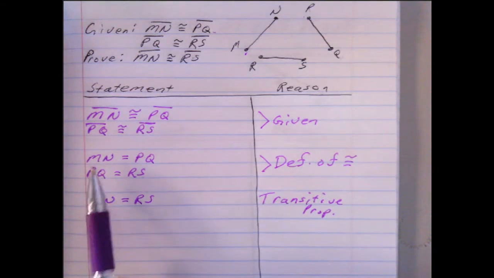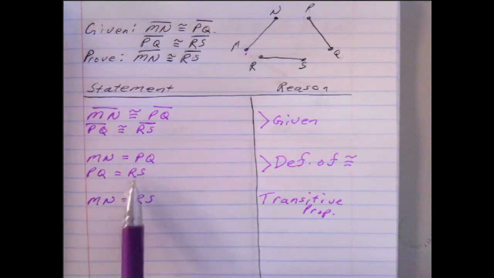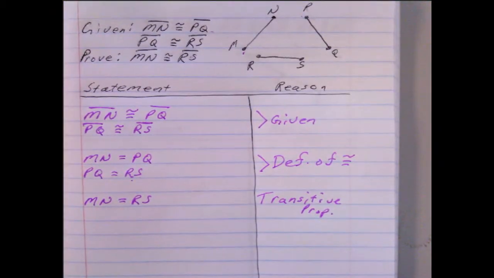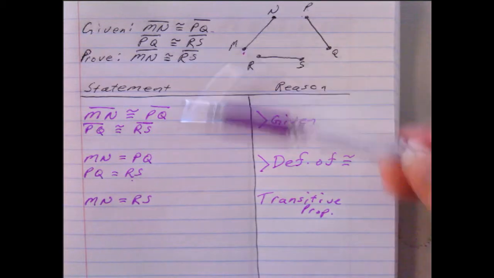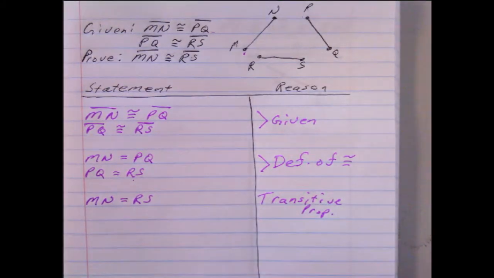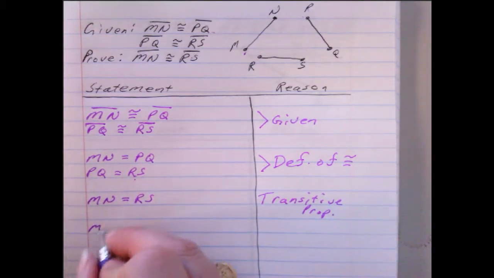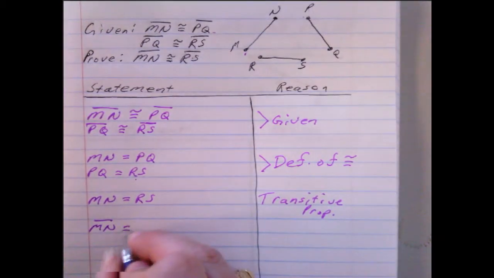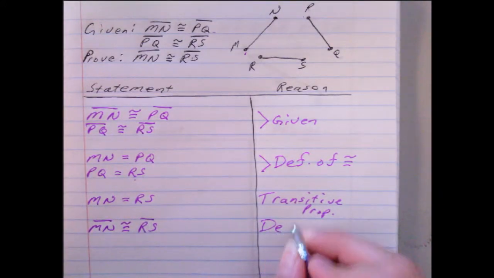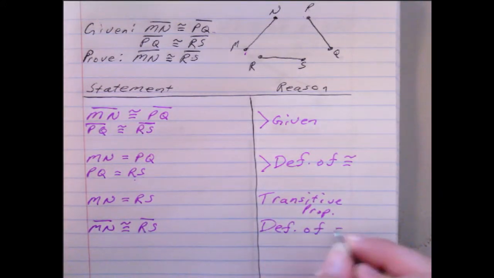Okay, so we took this piece, and then we put the two together. So then the last part here is our proof says congruent, and we are at equal, so we have to change that back. So MN is congruent to RS, and that is our definition of congruent again.